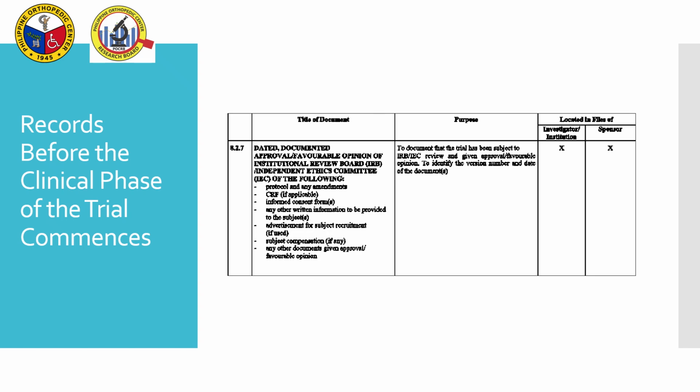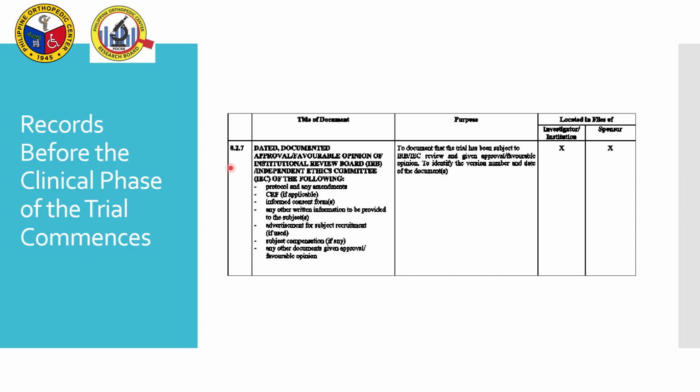Next, we focus on the dated and documented approval or favorable opinion from the Institutional Review Board, or the IRB, or the Independent Ethics Committee, IEC. This approval is not a single blanket statement.